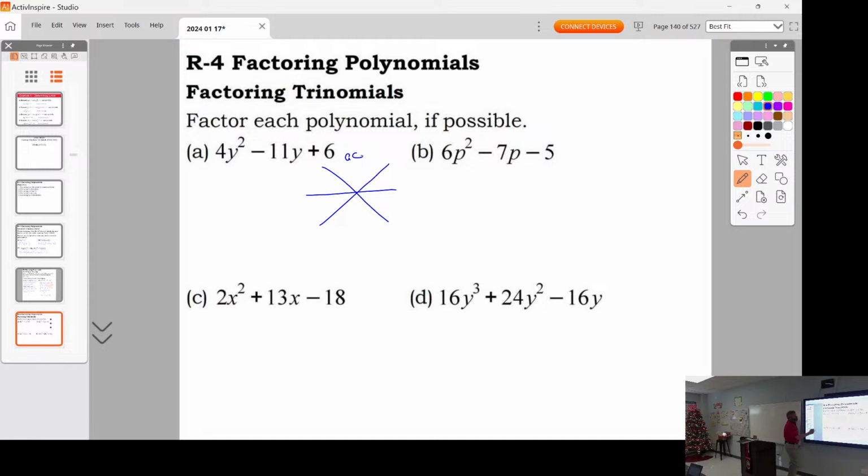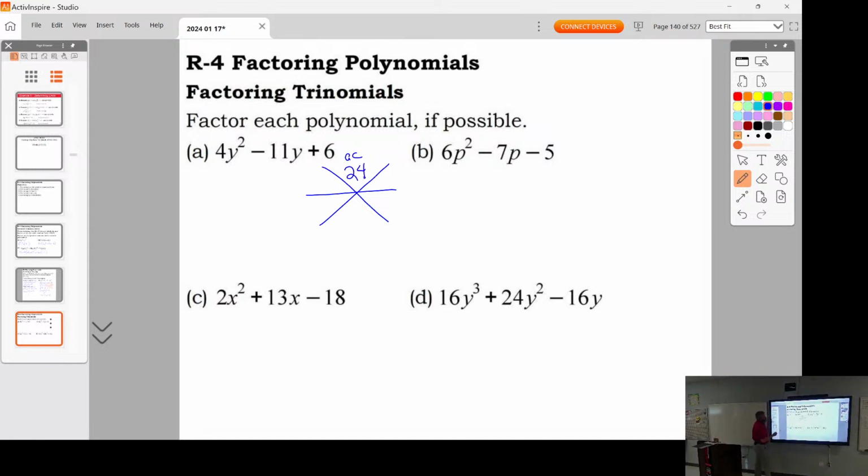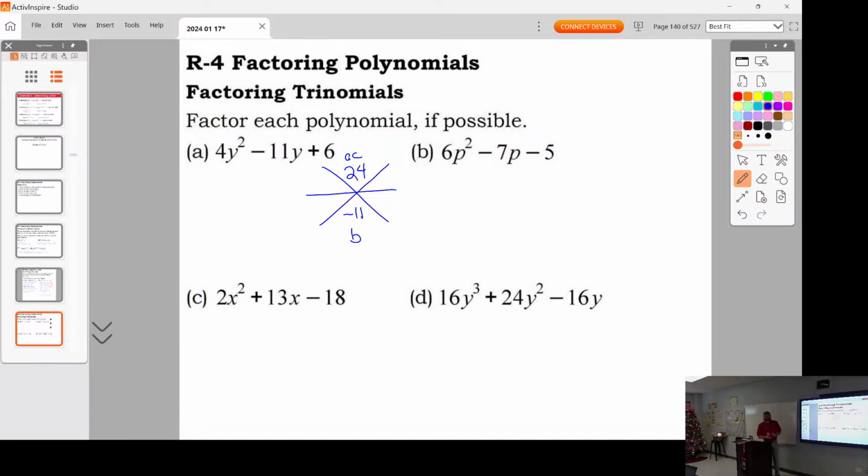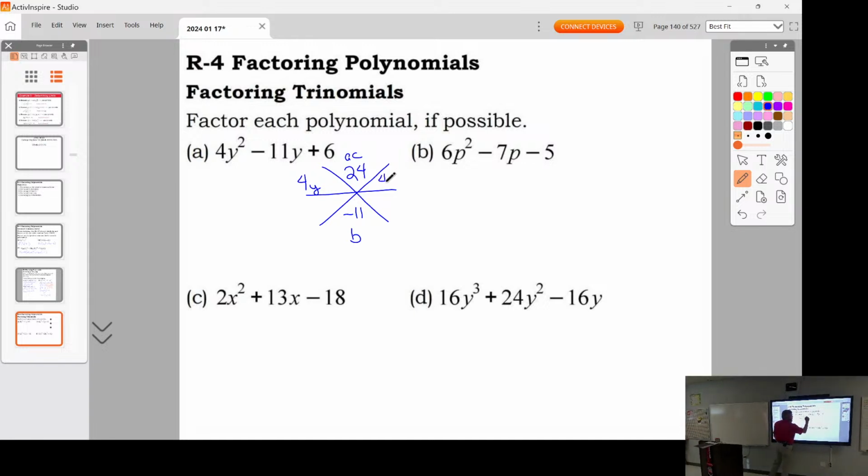24. What goes in the bottom center? B, which is negative 11. What goes in the top left? 4y. Top right? 4y.